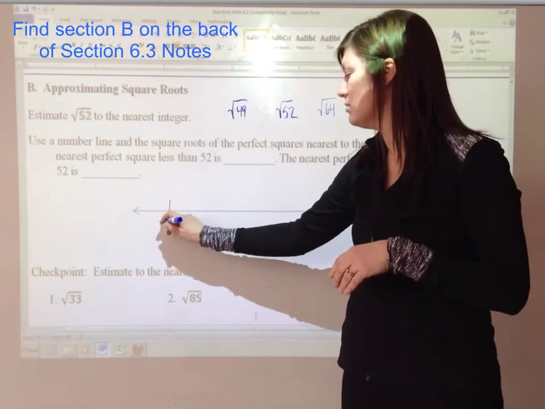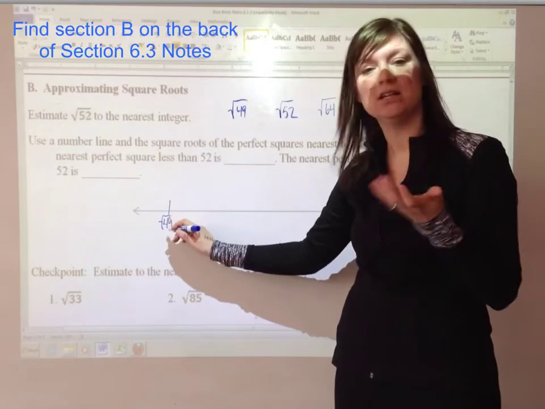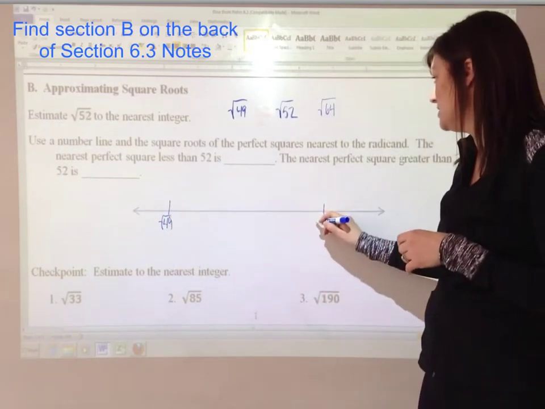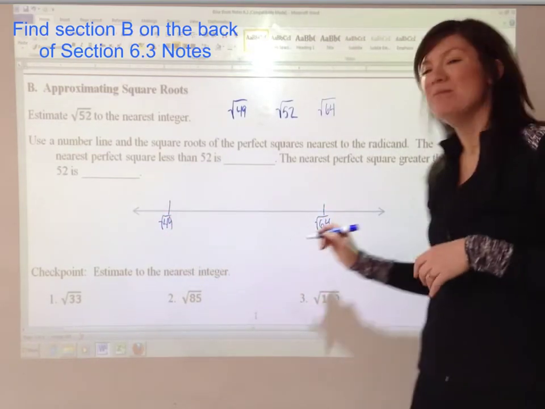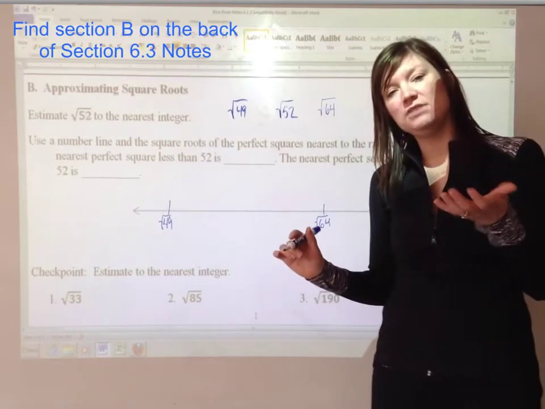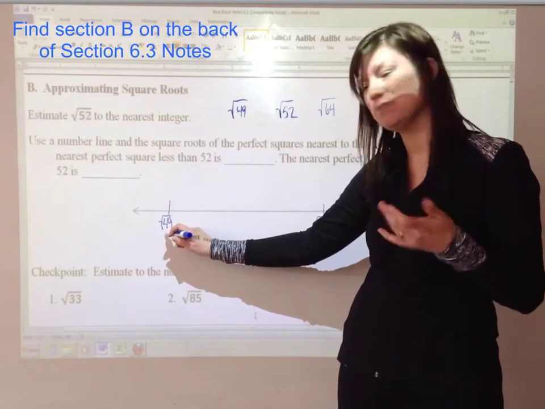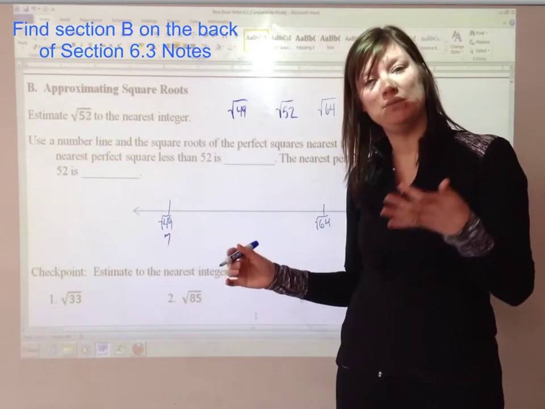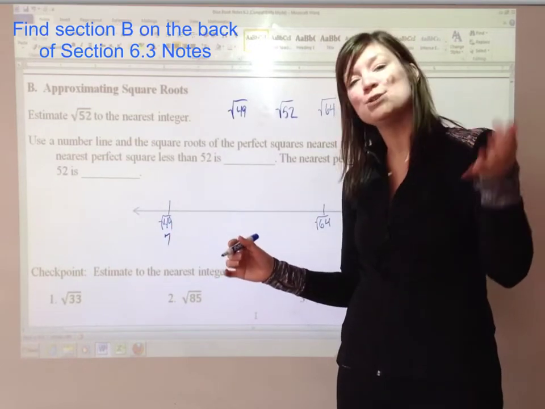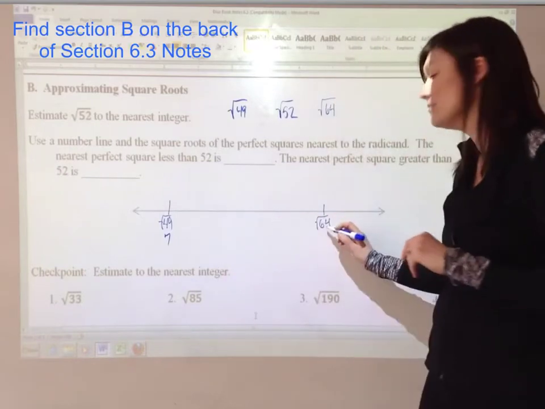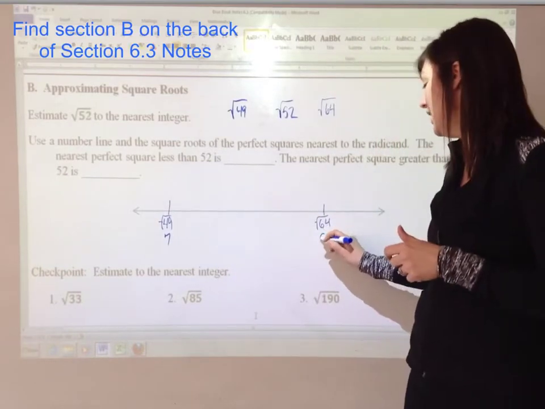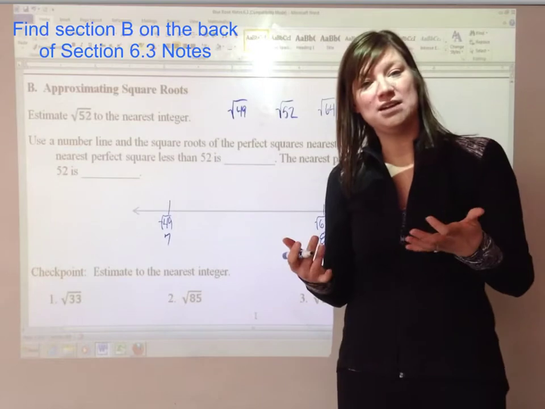So I'm going to place the radical of 49 right down here. I'm going to place the radical of 64 right about there. But what is the radical of 49? So I'm approximating that the radical of 49, am I really approximating? No. I know it's 7 because 7 times 7 is 49, so the radical of 49 is 7. Same thing with the radical of 64. I get 8 as the radical of 64.